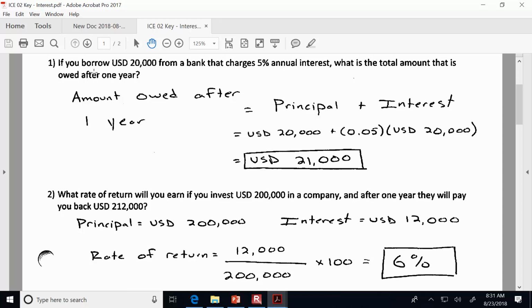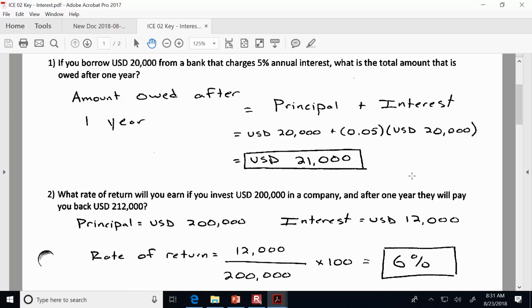Let me interject with just a couple of things before you move on. First of all, problems 1 and 2, the solutions are there on the screen. If you start with 20,000 and get 5%, that 5% of 20,000 means you get an extra 1,000 as the interest amount, and the combined total owed after a year is 21,000.